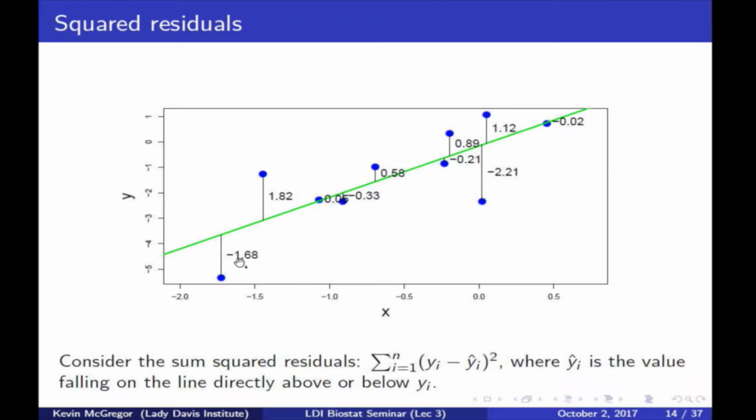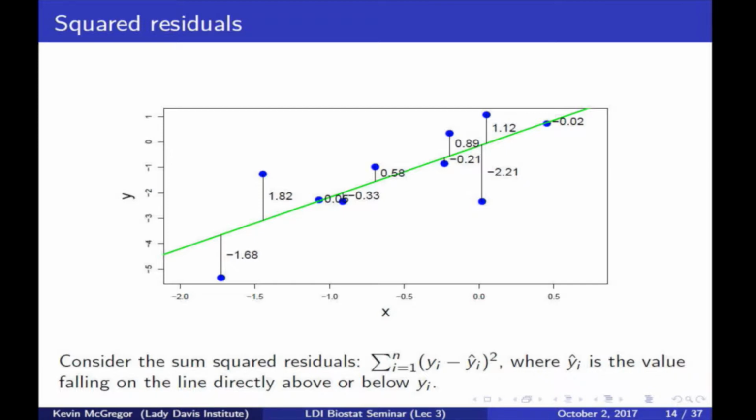So in this case, our yi minus yi hat would be minus 1.68. And so we just take the squares of all those values, as we did in our sample variance, and we take the sum of all of them.